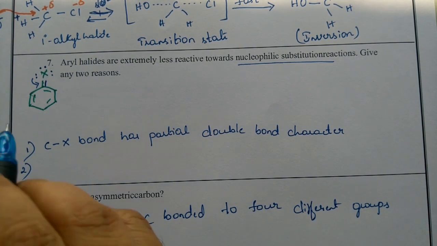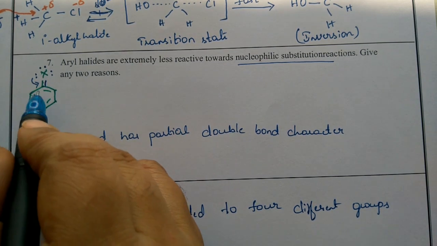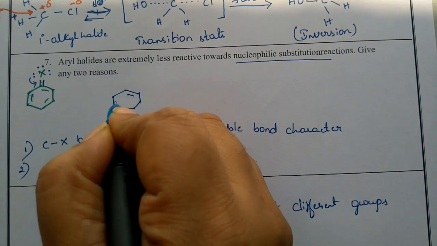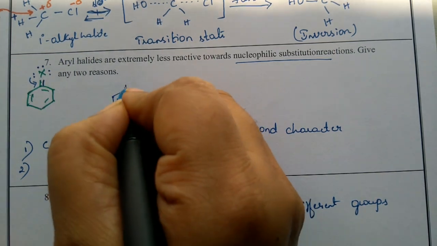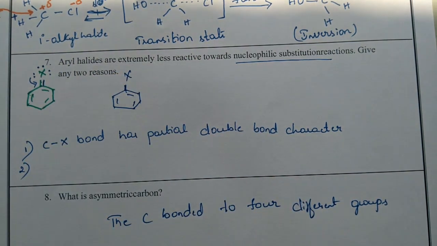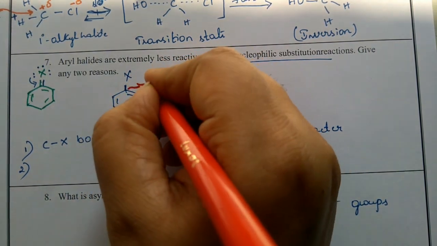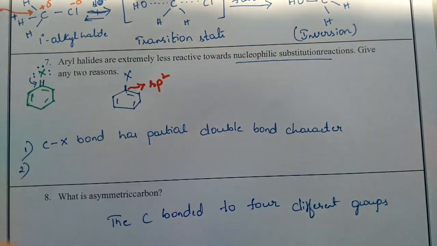The second reason is that in the benzene ring, the halogen is attached to a carbon that is sp2 hybridized.